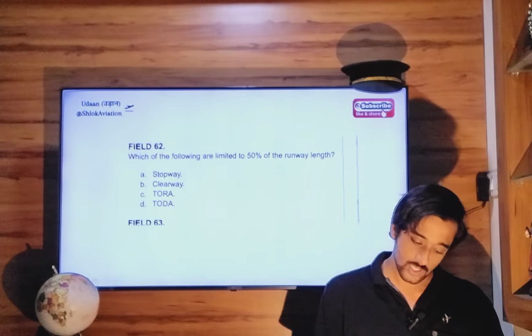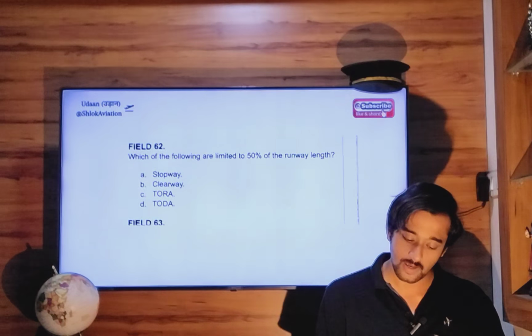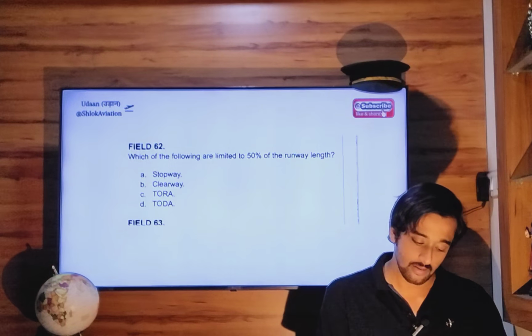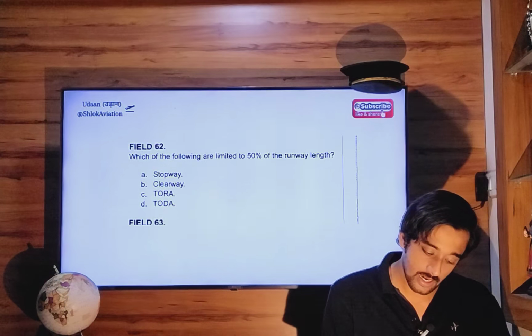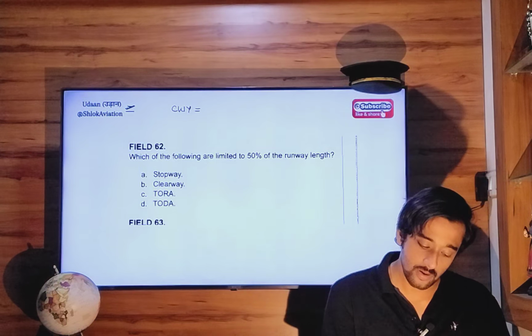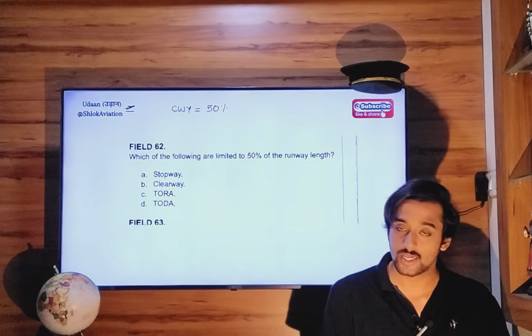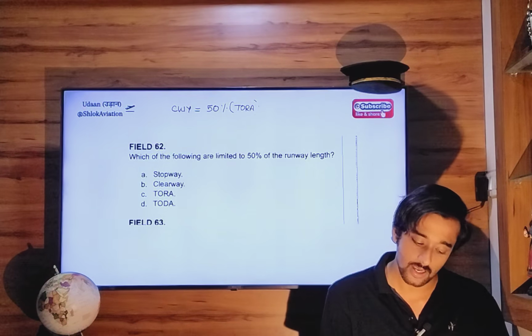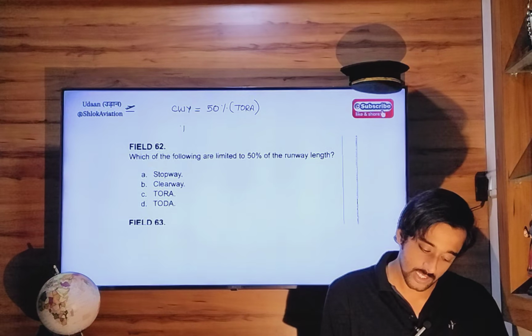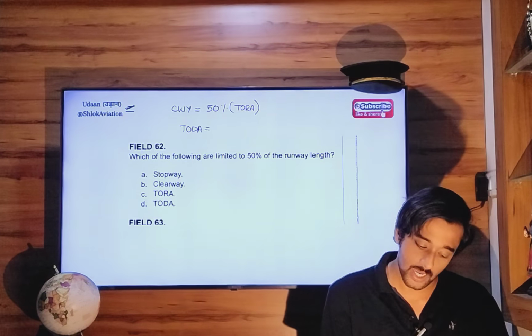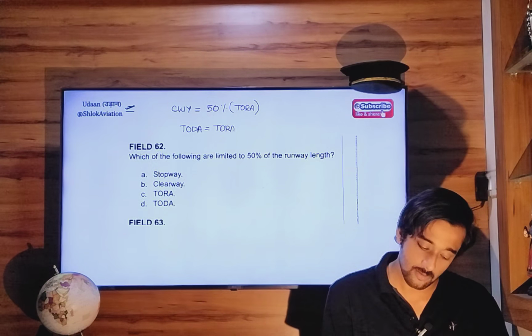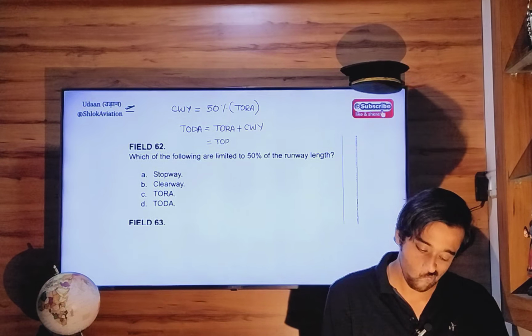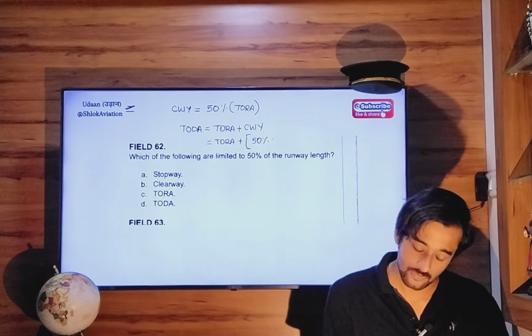Next. Which of the following are limited to 50% of the runway length? Remember, clearway cannot exceed 50% of runway length, that is, the takeoff run available. What is takeoff distance? It is nothing but takeoff run available plus clearway. So takeoff run plus 50% clearway.